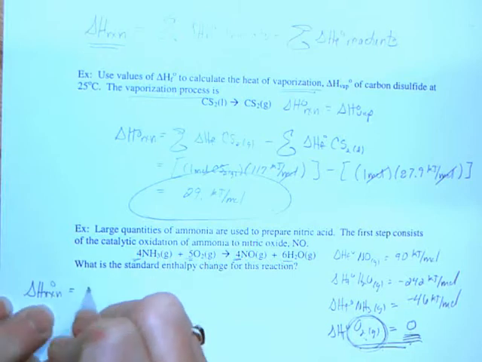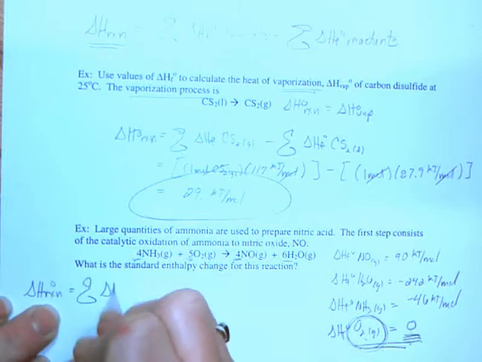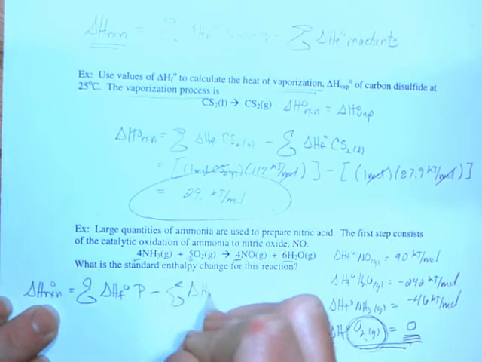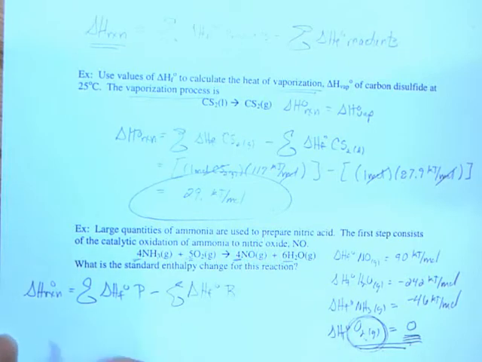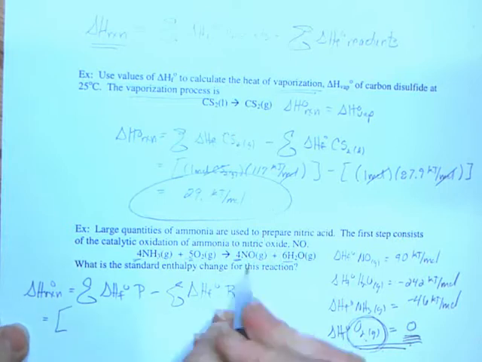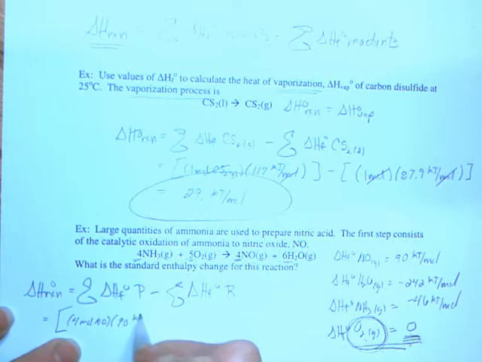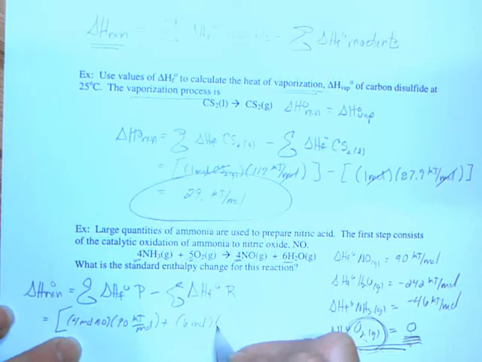The enthalpy of the reaction will be the summation of the enthalpy of formation of the products minus the summation of the enthalpy of formation of reactants. So again, just being very careful. So I have 4 moles of NO, and I will multiply that by my 90 kilojoules per mole, plus 6 moles of water vapor, negative 242 kilojoules per mole.